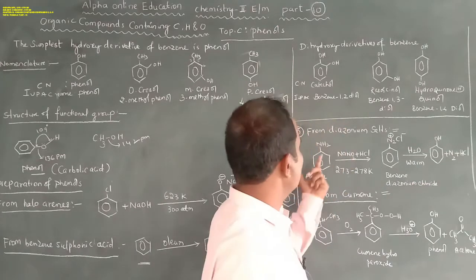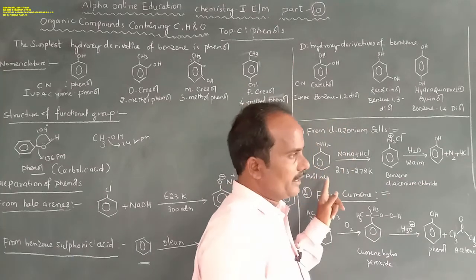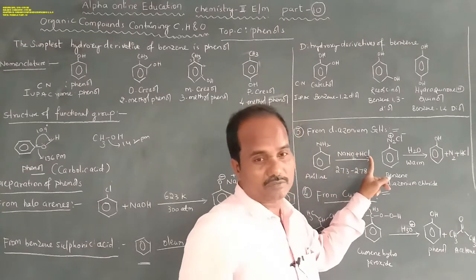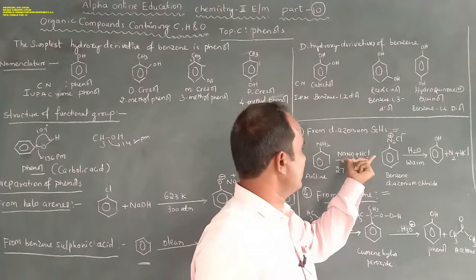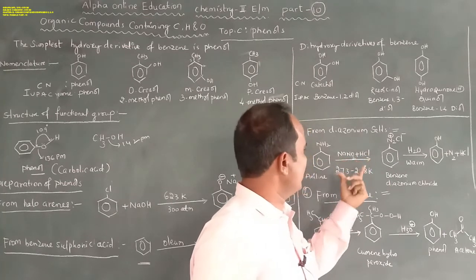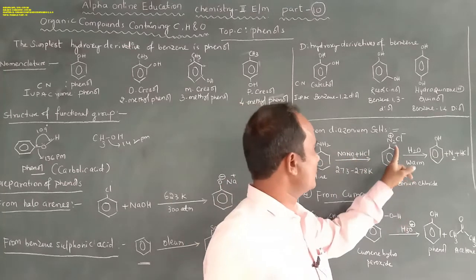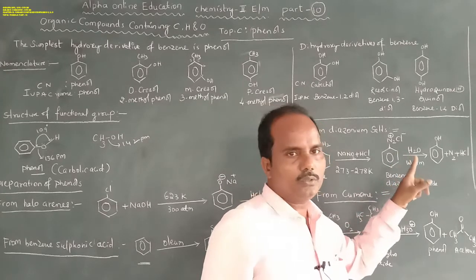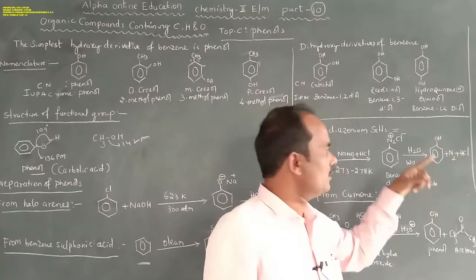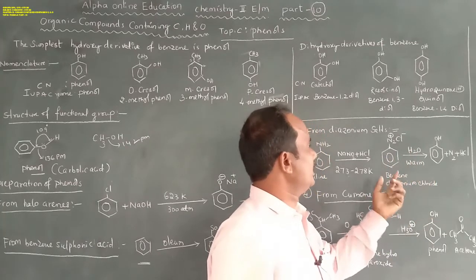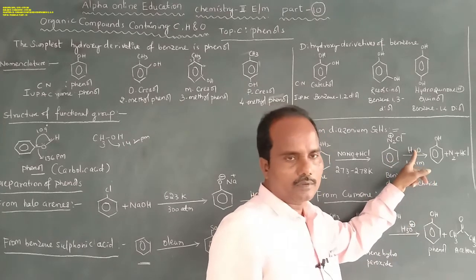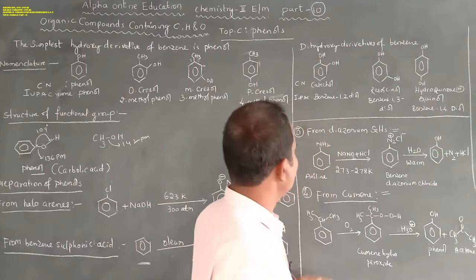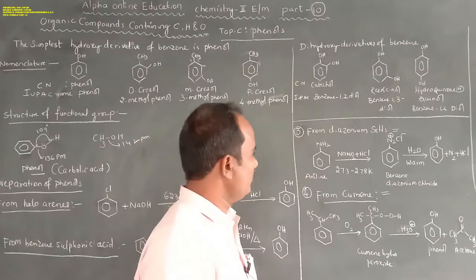So aniline, an aromatic primary amine, is treated with a NaNO2 plus HCl mixture. Because HNO2 is formed, benzene diazonium chloride salt is formed. This benzene diazonium chloride is subjected to acid hydrolysis, or simply heated in water, and phenol is formed. This is the method from diazonium salts.